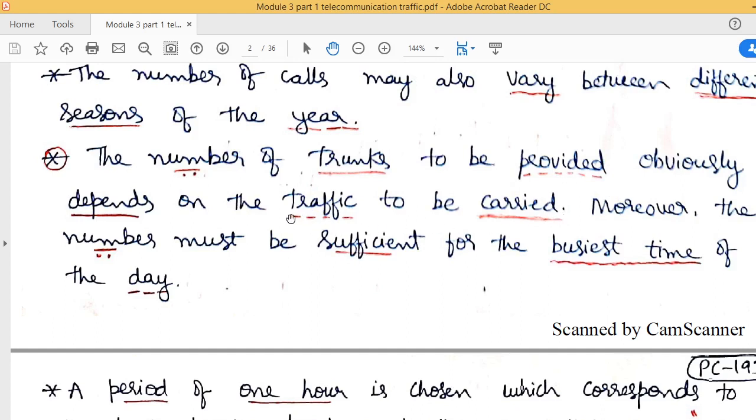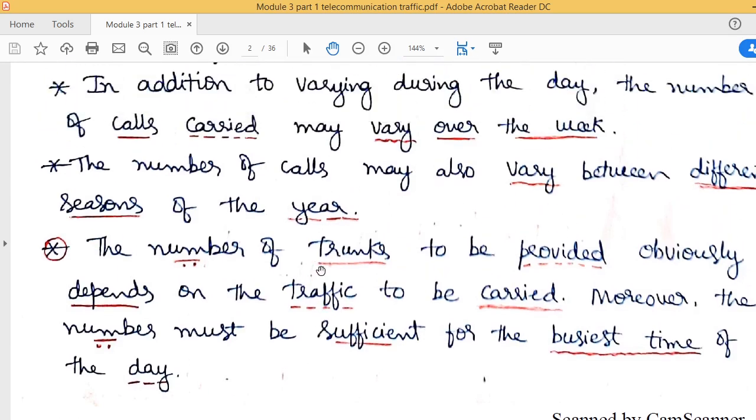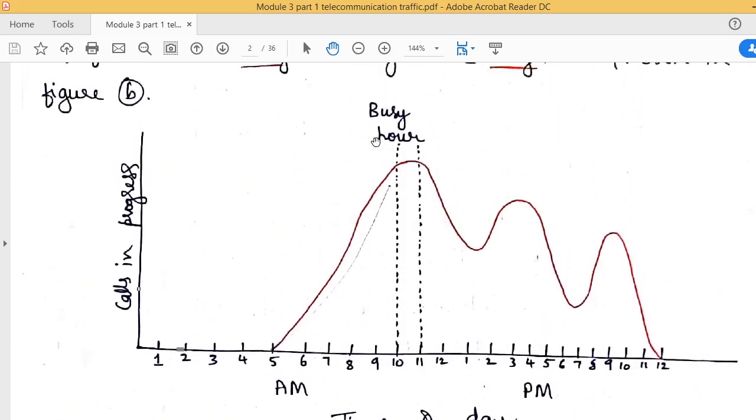So if the traffic is large, then the number of trunks required is also very large. Moreover, the number must be sufficient for the busiest time of the day. So please note that the number of trunks required is completely dependent on the busy hour, where the number of calls is maximum.